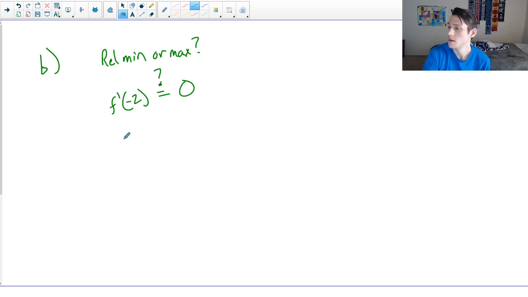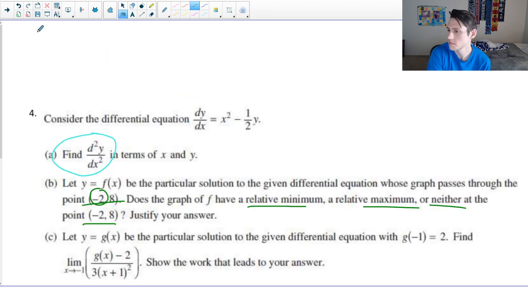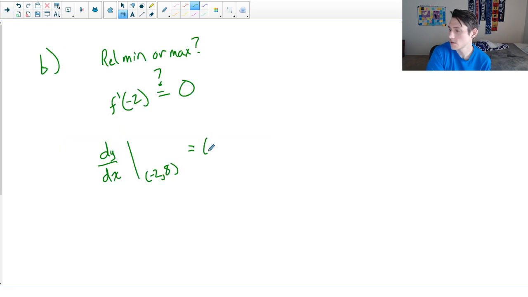We already have an equation for the derivative. We know dy/dx is what was originally given to us. So now we're just evaluating dy/dx at (-2, 8): x squared minus 1/2 y. So (-2) squared minus 1/2 times 8.